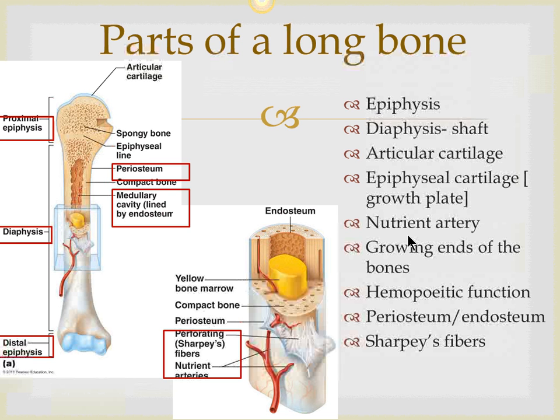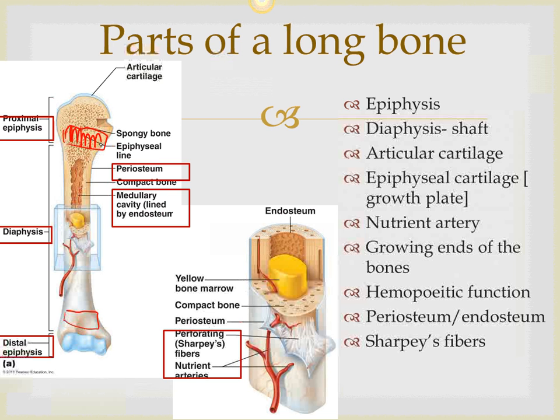And usually when you look at the direction of the nutrient artery, you will see that it points away from the growing end of the bone. What do I mean by growing end of the bone? Remember I said that you had an epiphyseal cartilage here and you had another one here. Now they don't both fuse at the same time. That means they don't both become bone at the same time.